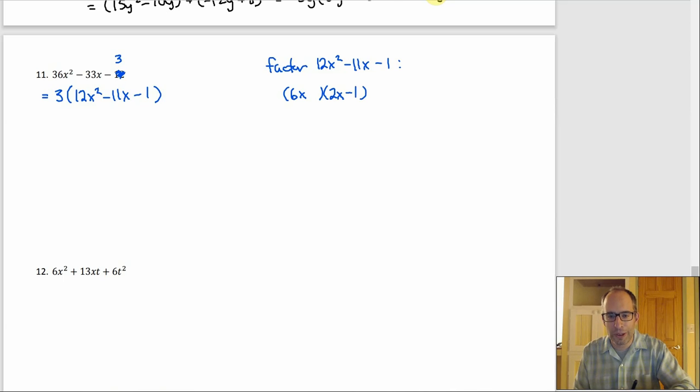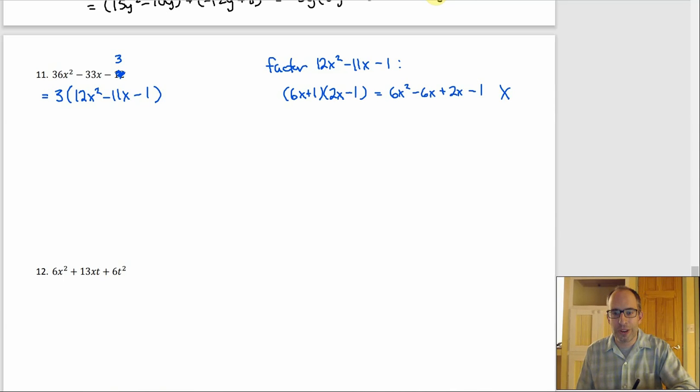So I'm going to do it like this. And this is not going to work properly because we're going to get 6x squared minus 6x plus 2x minus 1. That doesn't work because we're getting a negative 4x as the middle term instead of a negative 11x. The 4 and the 3 is clearly the wrong direction because then the middle term is going to be too small, close to 0. But what if we did it like this? So 12x with x.